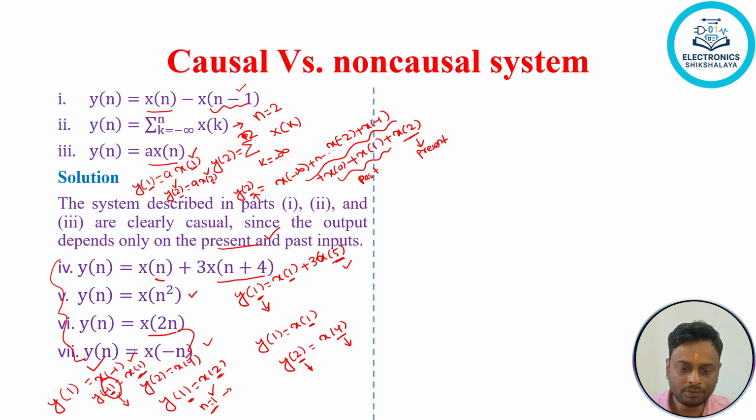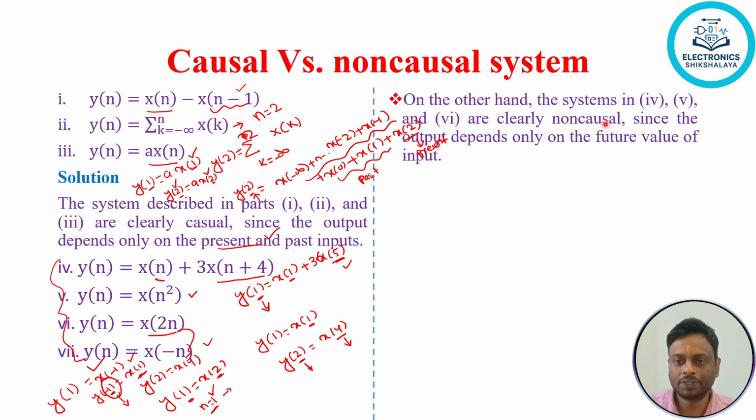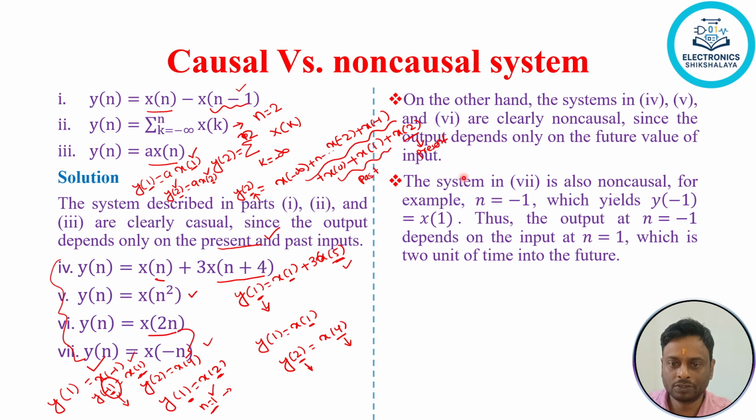So you can see some of the systems are non-causal since the output depends upon the future values of the inputs. In the last case also, it is non-causal. For example, if n equal to minus 1, I have told you, y of minus 1 will be x of 1.